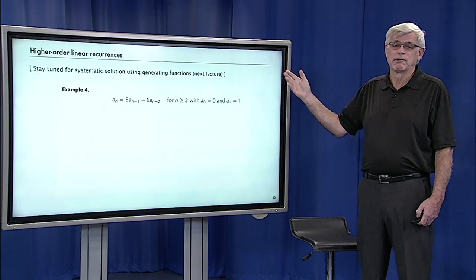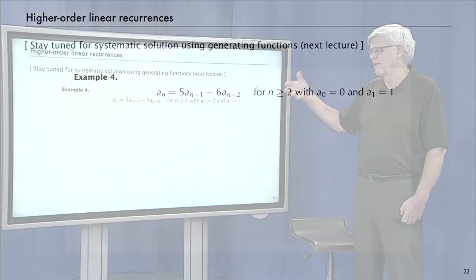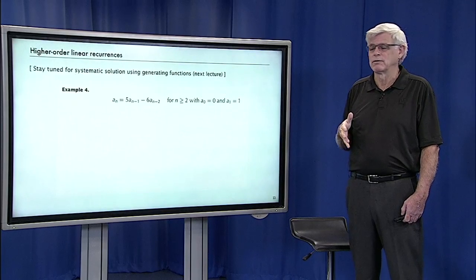High order linear recurrences are something that come up a lot. In the next lecture, we're going to show a systematic solution that uses generating functions for solving recurrences like this. And then later on we're going to examine them from an even more general point of view.